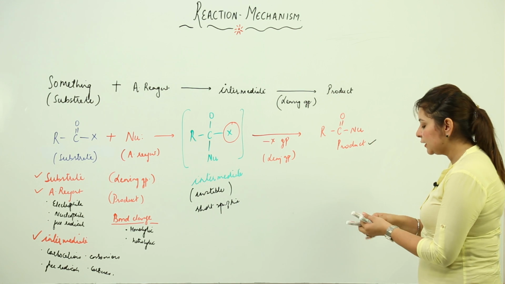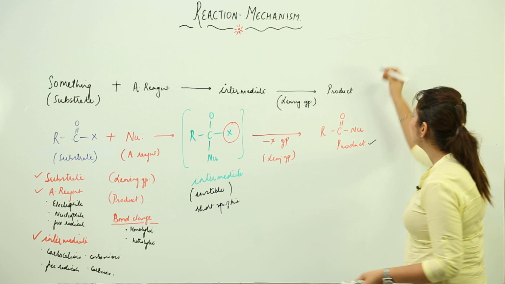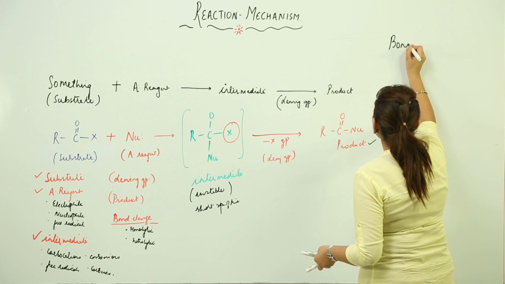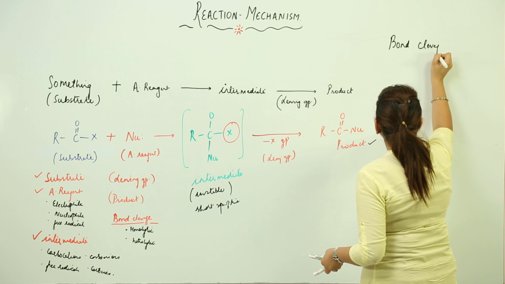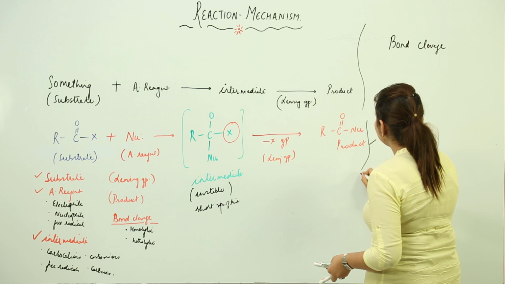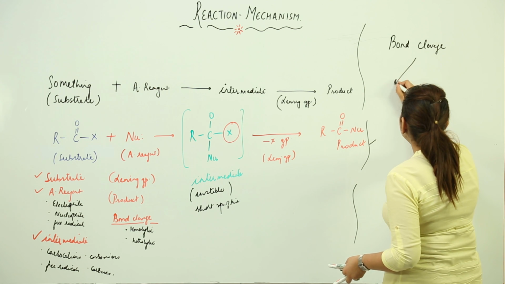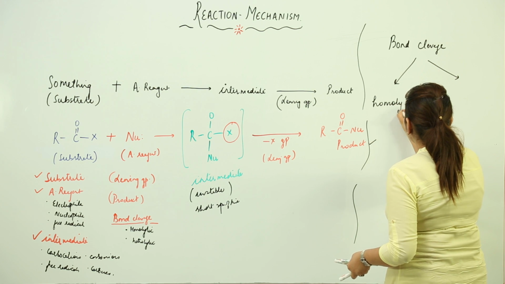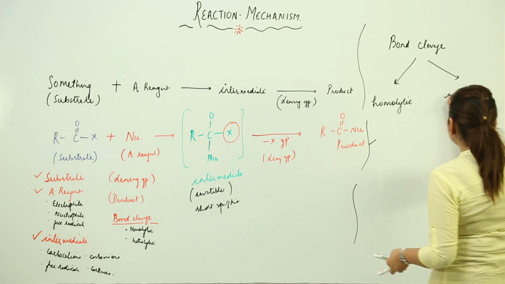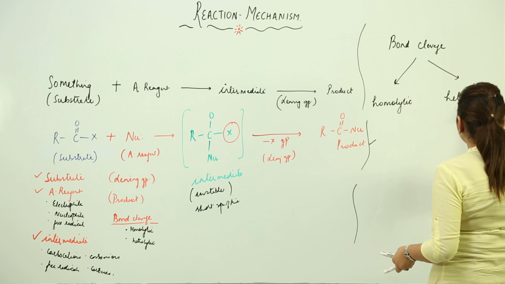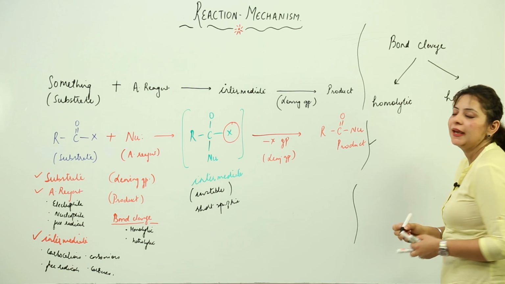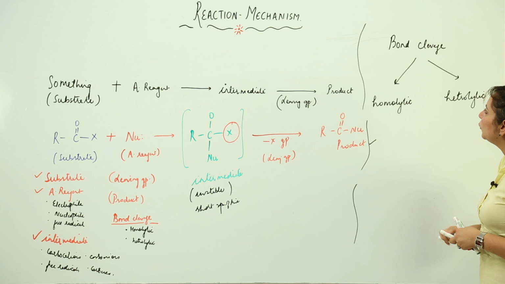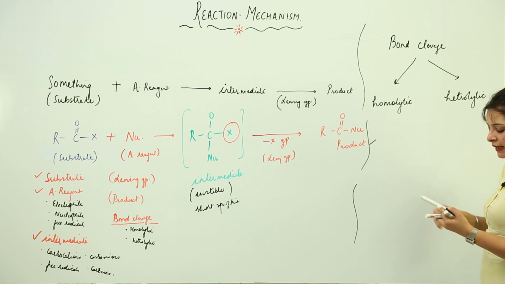So first we will start with what kind of bond cleavage we see. We have bond cleavage of two types. One is homolytic, the other is heterolytic.